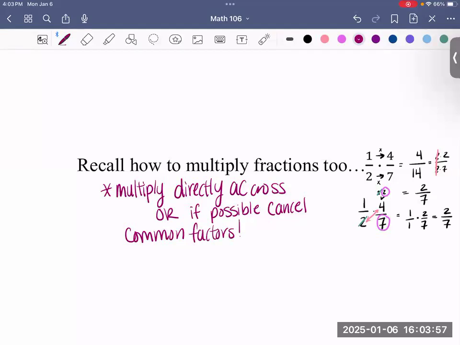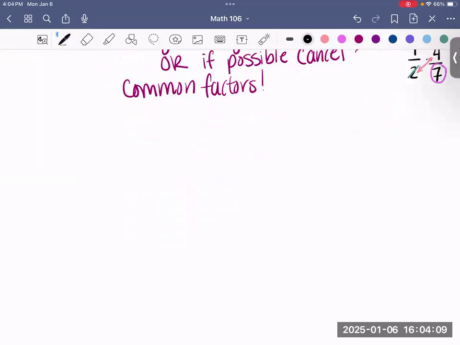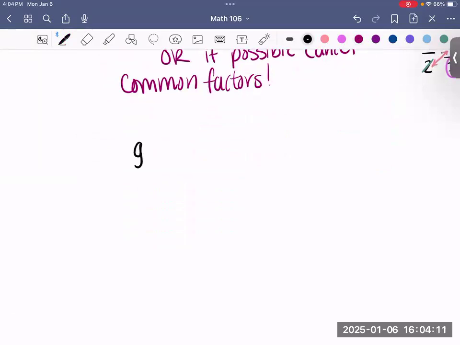You won't always be able to cancel common factors. That would be like that 2 that we got to cancel out. But if not, what you can do is just multiply directly across. So if we were asked to multiply g of x times h of x, we would multiply 2 over x times 3 over x minus 1.